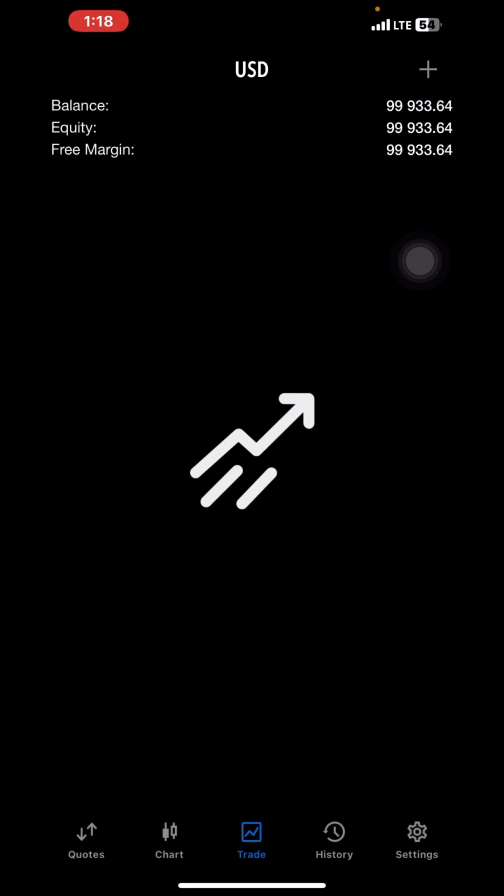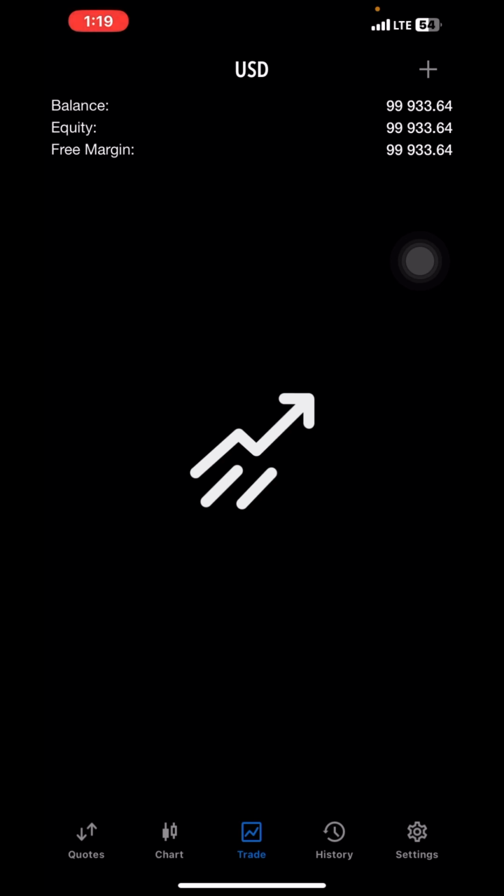The balance is the amount that you had before entering the trade, or the amount that you have after closing the trade. The equity is your balance plus your profit or loss. Your margin is the least amount needed to enter that particular trade with the exact lot size.